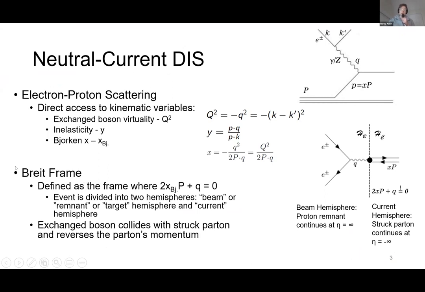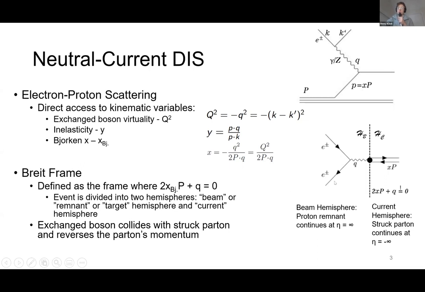The Breit frame, for some people involved in hadron colliders, is maybe slightly unfamiliar, but it's basically the frame where the incoming parton has its momentum more or less reversed. It's sometimes called the brick wall frame, because one can imagine the parton coming in, hitting a brick wall, and coming out.